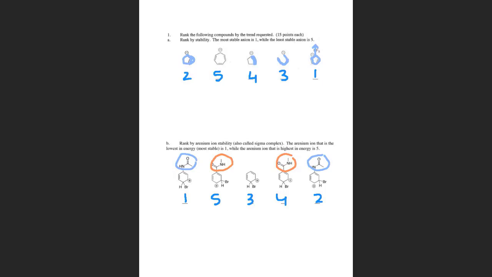Between 1 and 2 or 4 and 5, we see a difference in the position of that carbocation. Does anyone know why 1 is better than 2 in this situation?